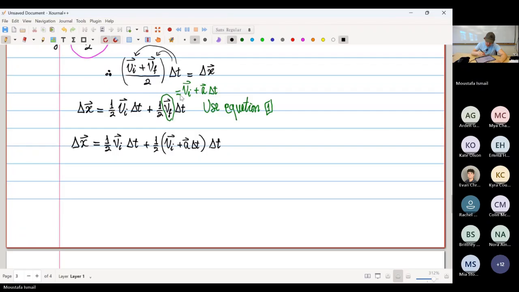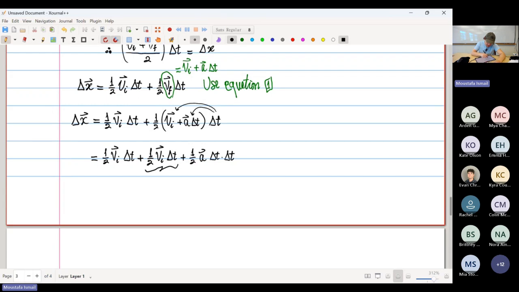So you again distribute this delta t inside, and you also distribute the half. So you get half V initial delta t plus half V initial delta t plus half A delta t squared, right?